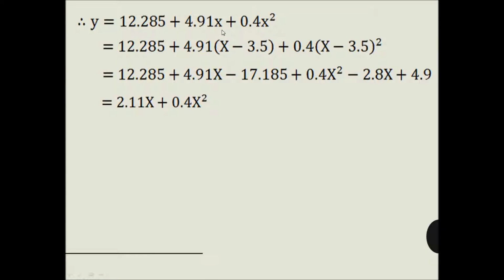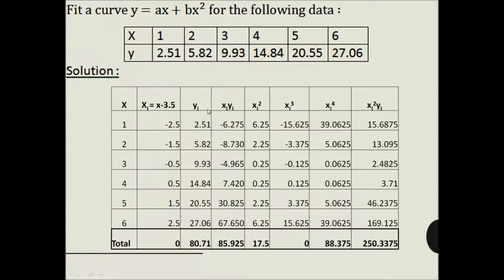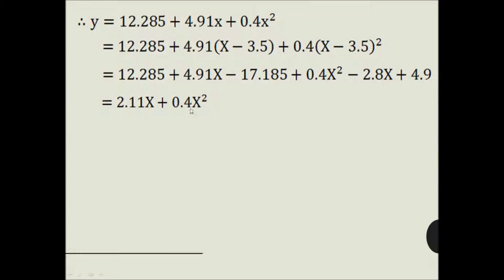Here small x will be replaced by capital X minus 3.5 and equation will be further simplified to get the answer of y equal to 2.11x plus 0.4x square. So if it is asked to find y for next value capital X equal to 7, we will substitute 7 in this x and we will get the answer of y.